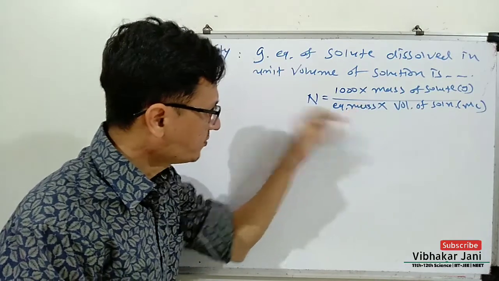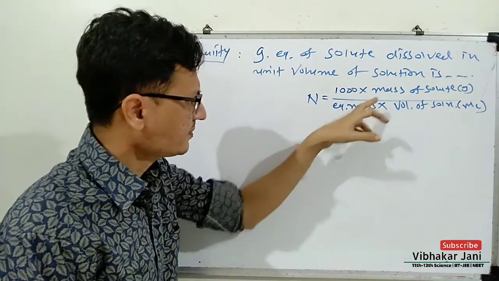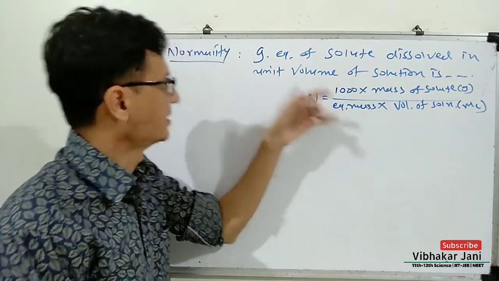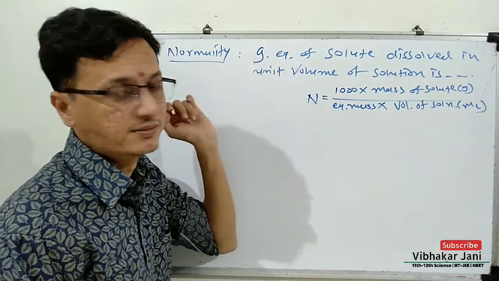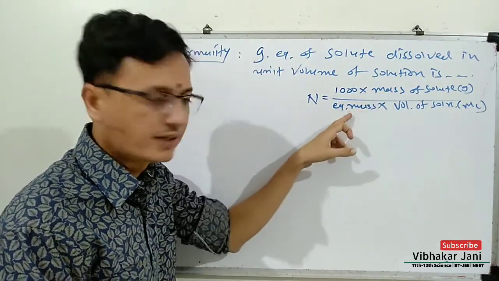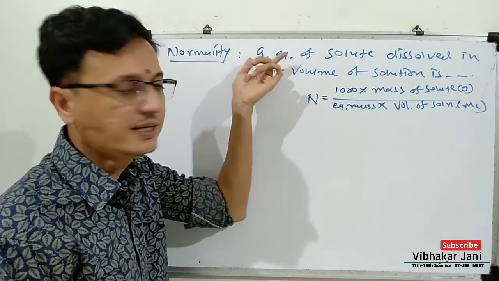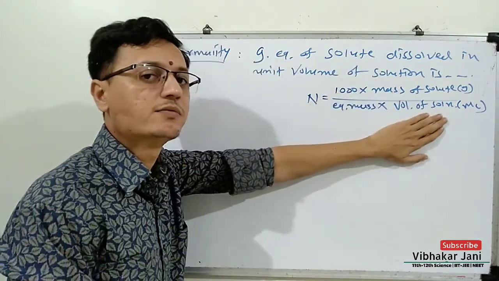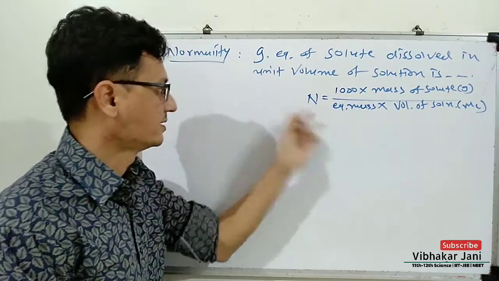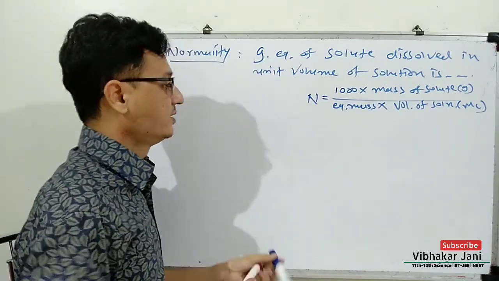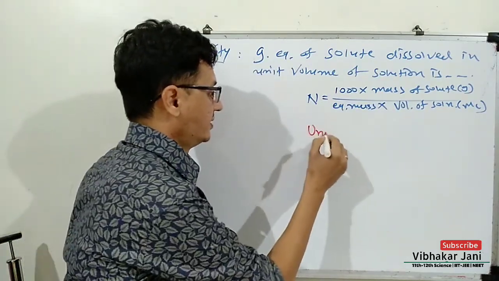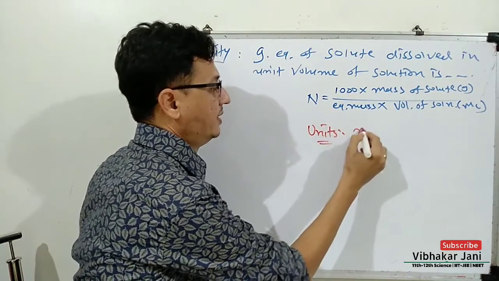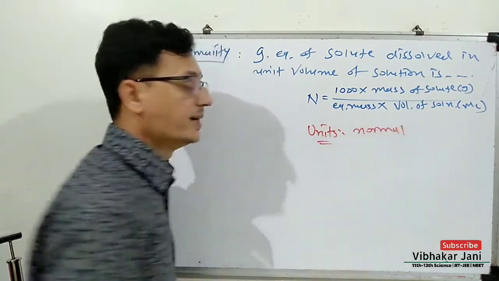Now, mass upon equivalent mass, that means gram equivalent. Mass of solute upon equivalent mass is representing gram equivalent. So, gram equivalent present in unit volume of solution is considered as normality, and the unit of normality will be normal.